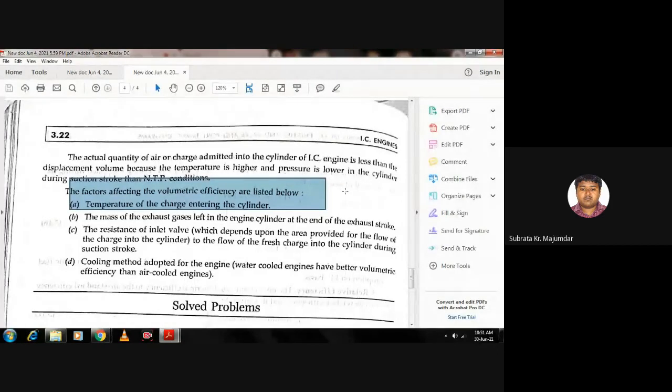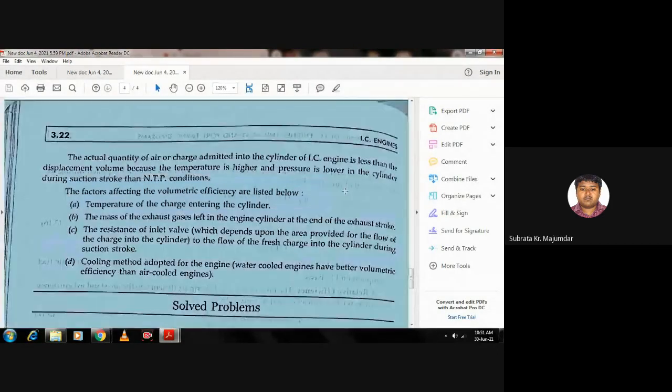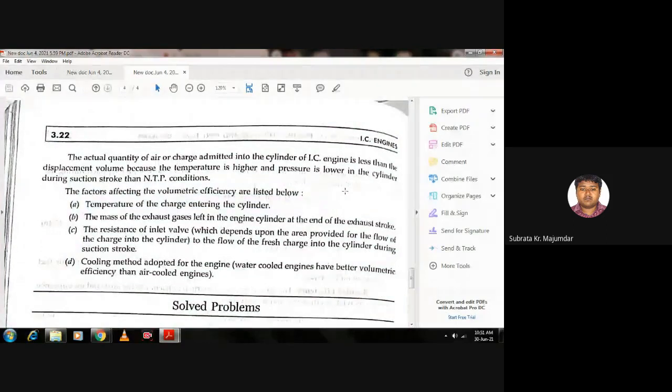Third, the resistance of the inlet valve to the flow of fresh charge into the cylinder during the suction stroke. And finally, the cooling method adopted for the engine. These are the prime four factors affecting the engine cylinder.